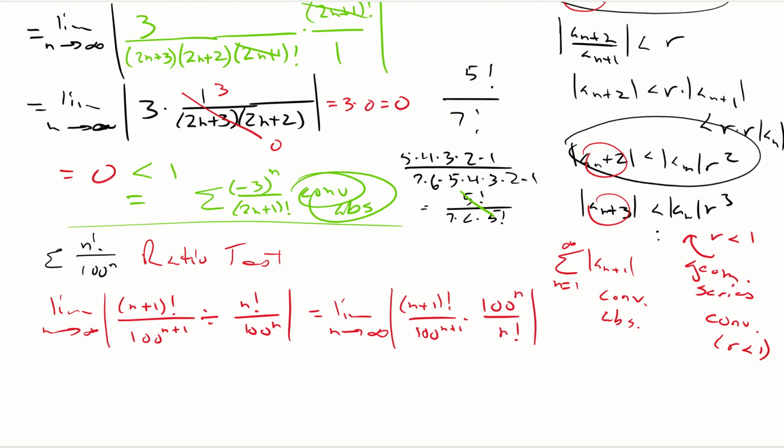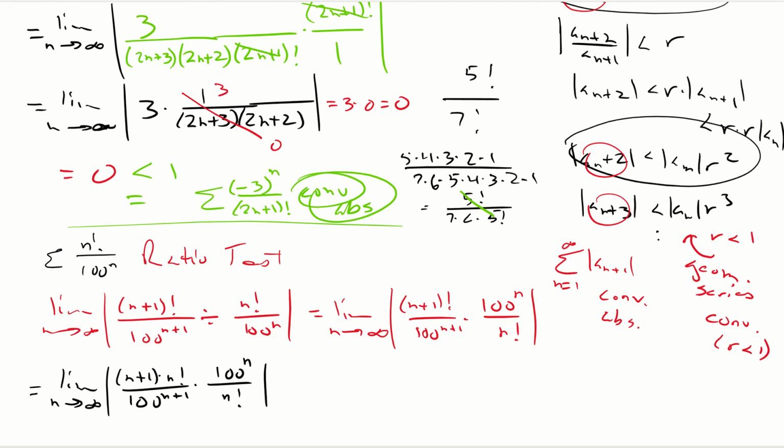Well, once again, we'll check out what's happening on that factorial. We have the limit as n goes to infinity. Really, n plus 1 factorial is n plus 1 times n factorial. I'll just rewrite the rest, and then we get to cancel stuff. The ratio test is great because the powers cancel, the factorials cancel.